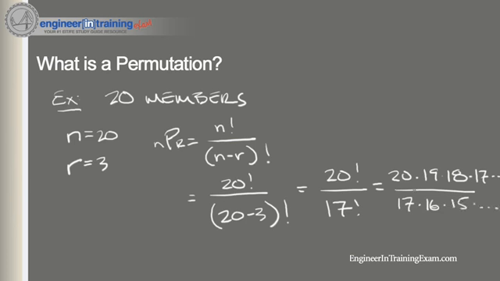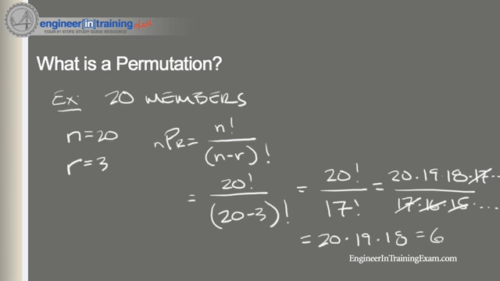Now all we need to notice here is that we can cancel out every value from the denominator that's on the numerator, starting at 17 all the way down. So our answer here will really be 20 times 19 times 18.